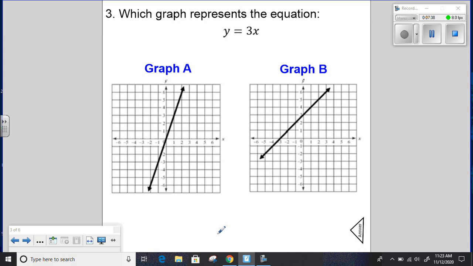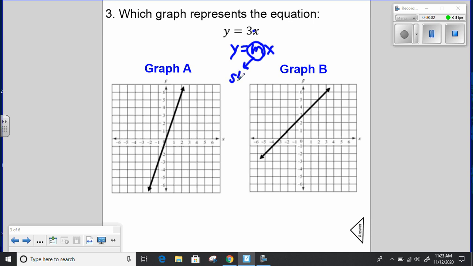Number 3 says, which graph represents the equation y equals 3x? So I noticed that 3 is in front of x, which means that we are multiplying 3 times x. Remember, when they give you an equation written in the form y equals m times x, this letter m really represents the slope.